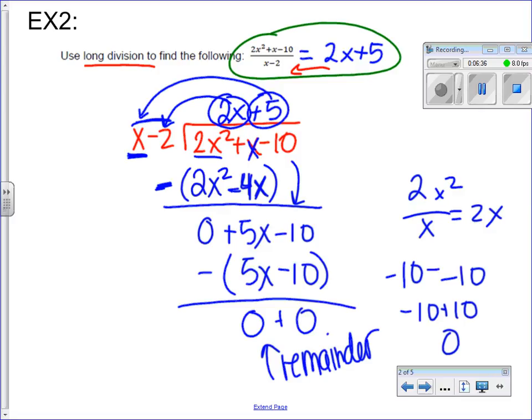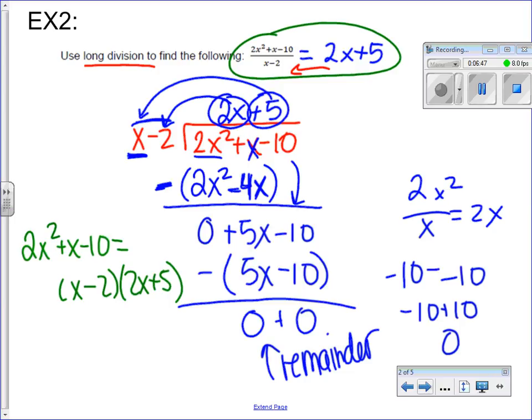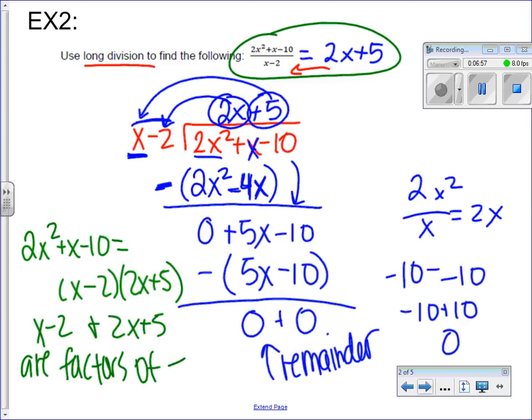It also means that 2x squared plus x minus 10 is equal to x minus 2 times 2x plus 5. And it also means that x minus 2 and 2x plus 5 are factors of this quadratic. Okay, these are all really important things, those 3 things that it means.